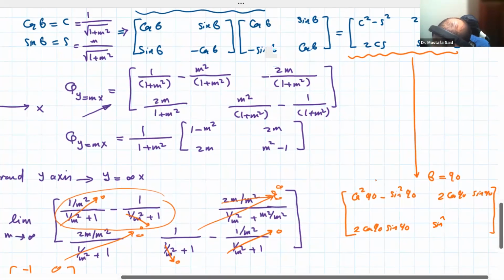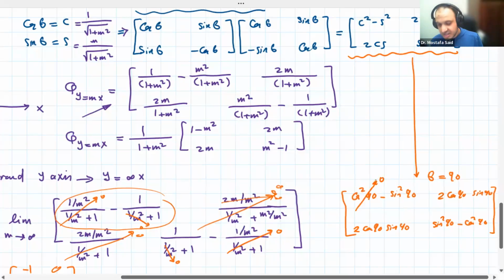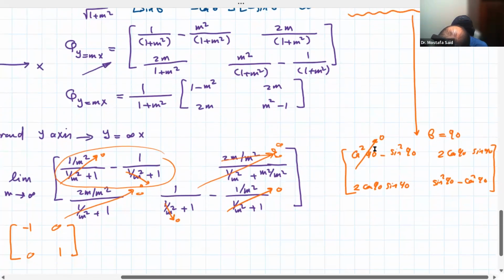And sine square 90 minus cosine square 90. Cosine 90 and cosine square 90 are all 0. Sine square 90 means sine 90 multiplied by sine 90, 1 by 1 is 1. Cosine 90 is 0, so it will cancel out everything.